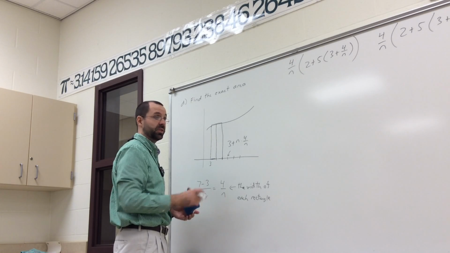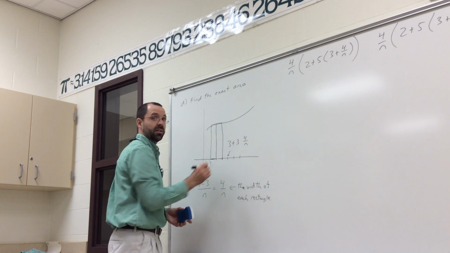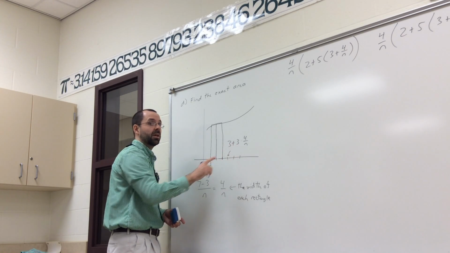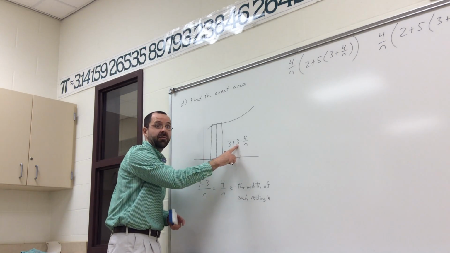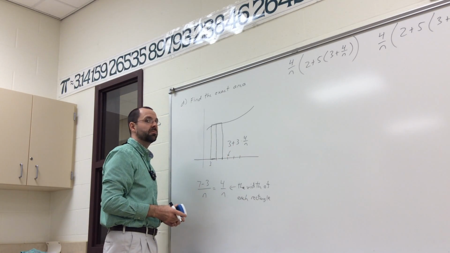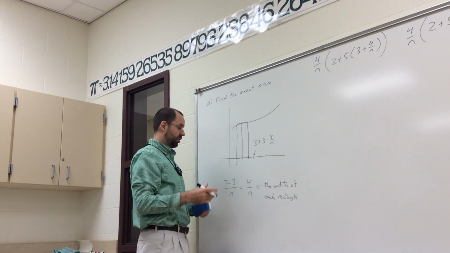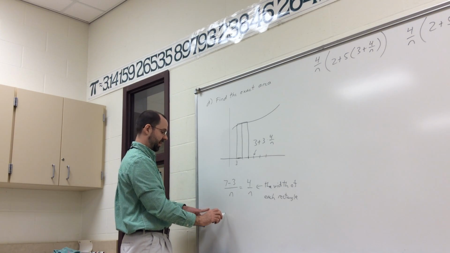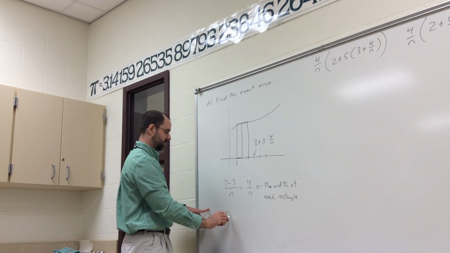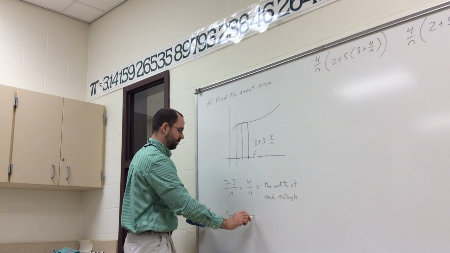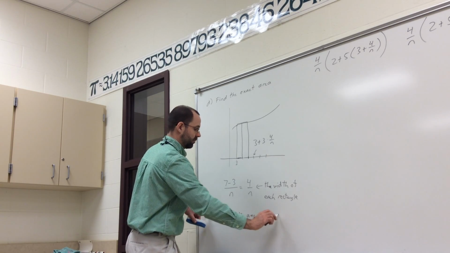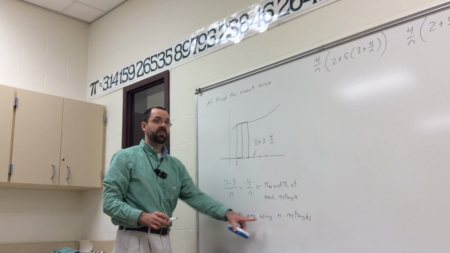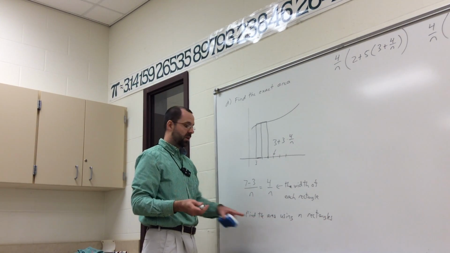No, you're asking a good question. So what I'm saying is, are you clear that on the third rectangle that should be a 3? Yeah. And on the fifth rectangle that should be a 5? But what I'm wondering is, wouldn't that just keep going on? So right now we're finding the area using n rectangles, instead of using 4 or 8 or 16, we're using n of them.